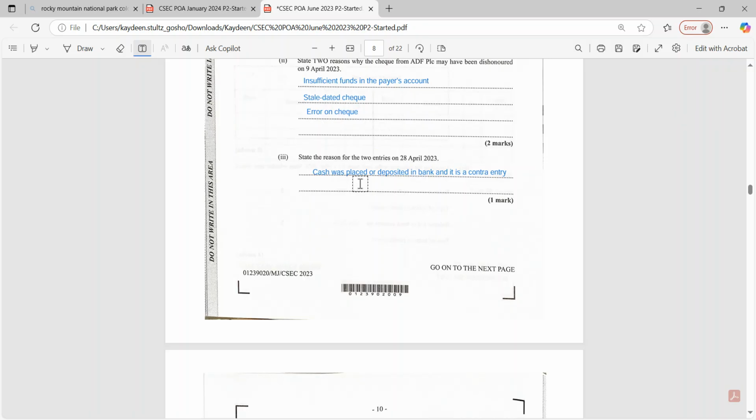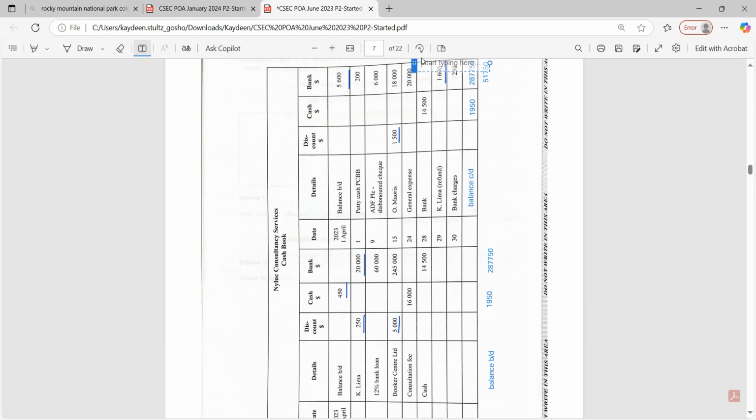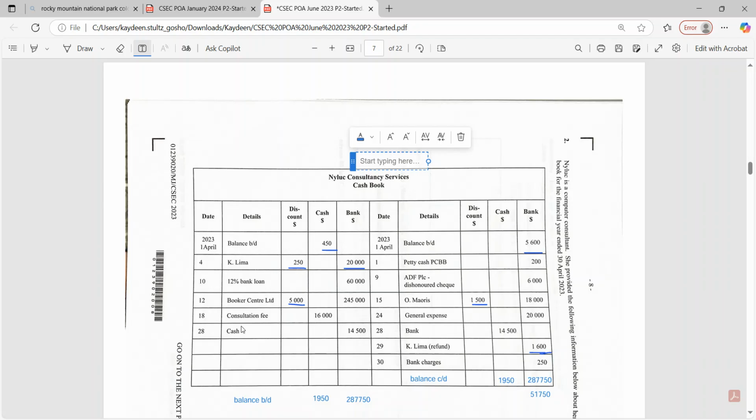It says state the reason for 2 entries on the 28th of April 2023. So let's look at that. On the 28th of April, we have cash in the details and we debited bank $14,500. When we check the cash side, we see 28th of April, we credited cash $14,500 and the details is bank.